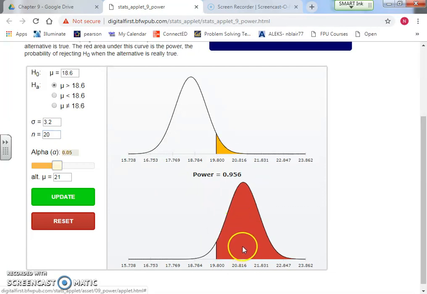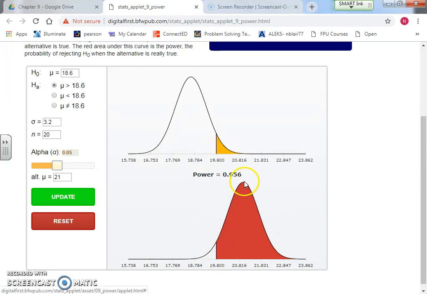The power increased. That's because if you remember, what does a sample size do to a sampling distribution? The larger the sample size, the skinnier the sampling distribution. Remember that the sampling distribution has less variability with a higher sample size.